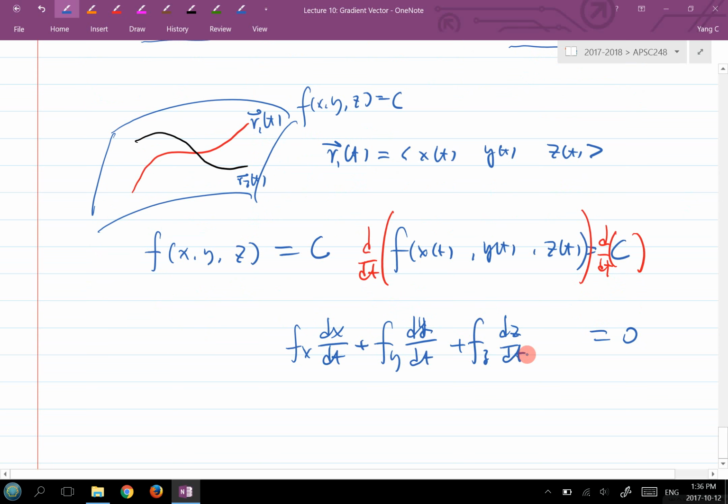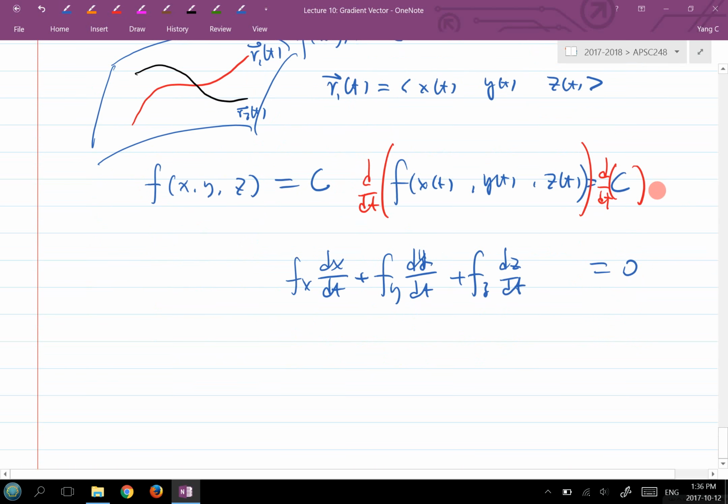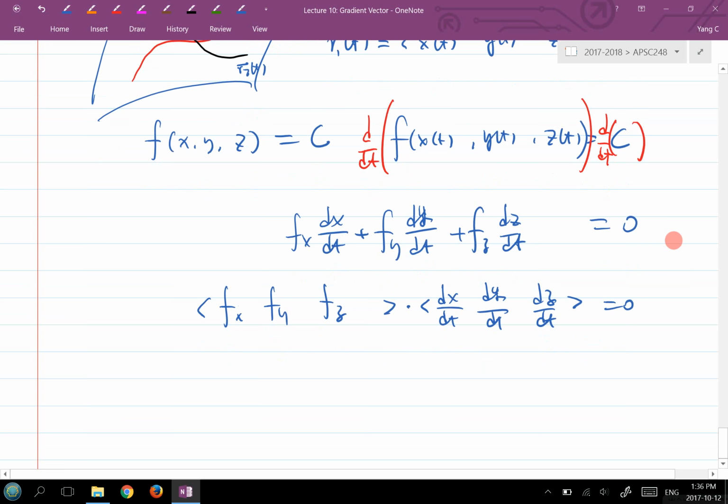Okay. So here I can rewrite this one using two vectors. The first vector is fx, fy, fz. Second one is dx over dt, dy over dt, dz over dt, equal to 0. Okay.